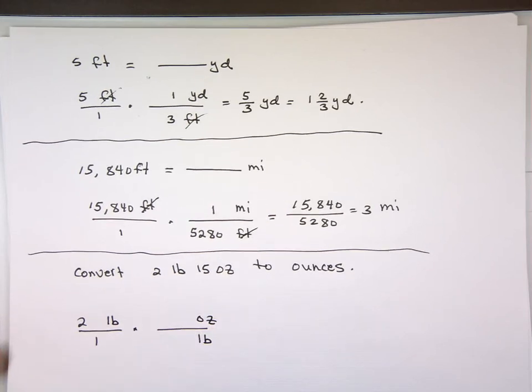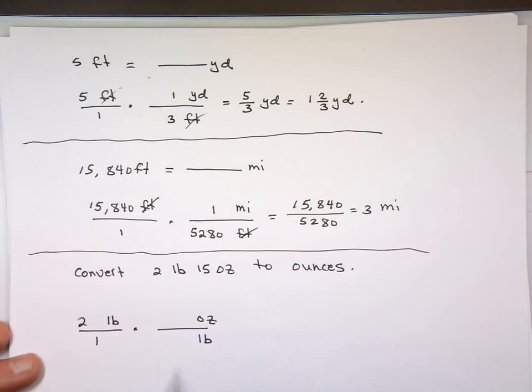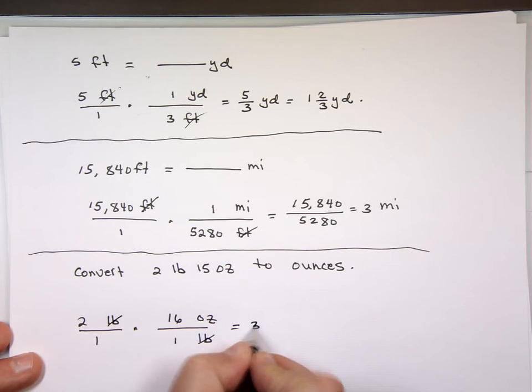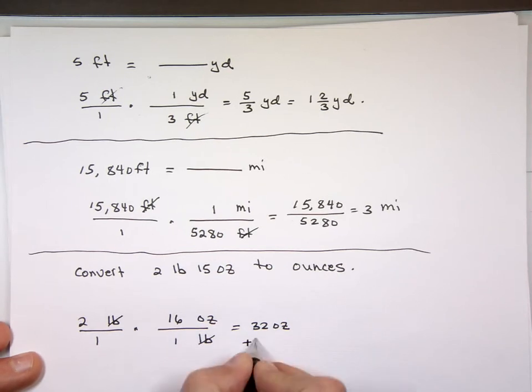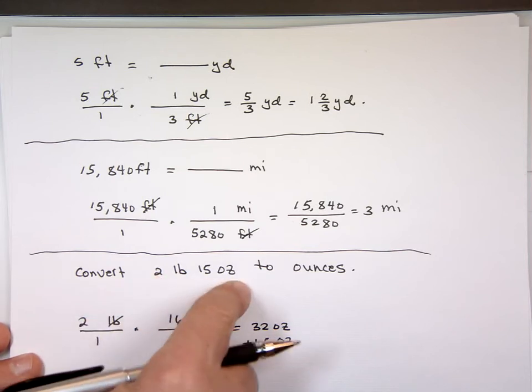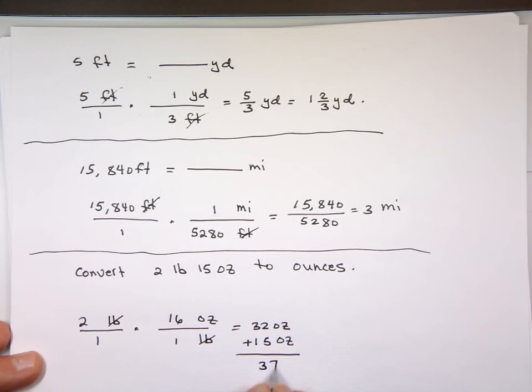Earlier today we said 1 pound has how many ounces? 16 ounces. That's 32 ounces for the 2 pounds. So now what do you want to do? You need to add the other 15 additional ounces that you have there. It's 2 pounds and 15 ounces. When you add them, what do we have? 37 ounces.